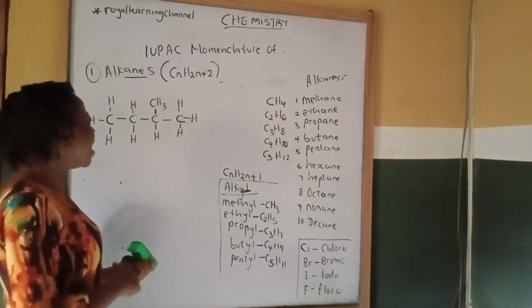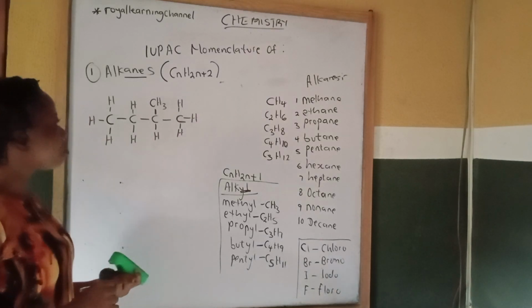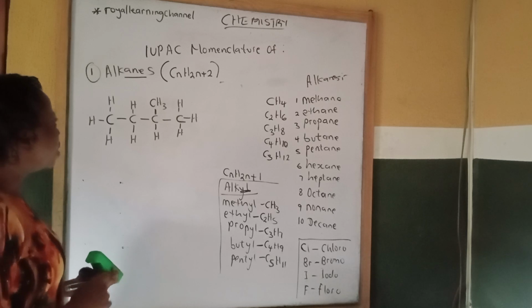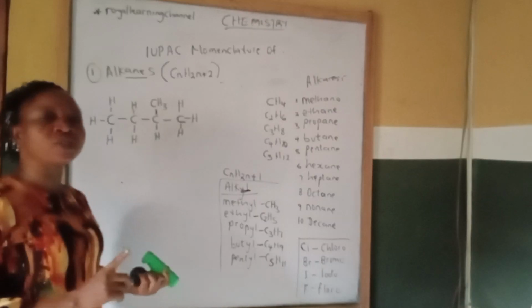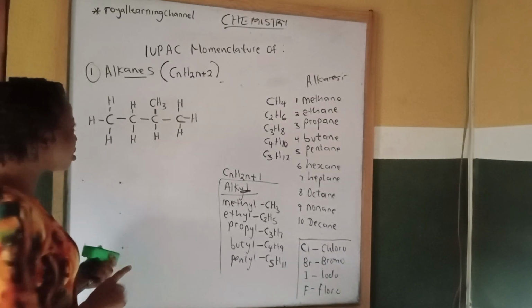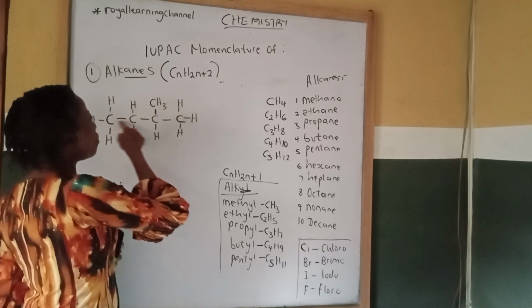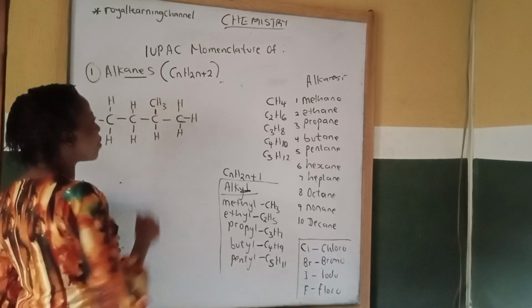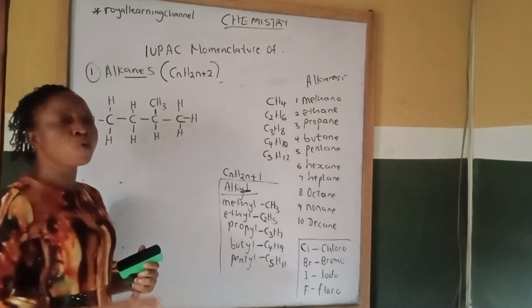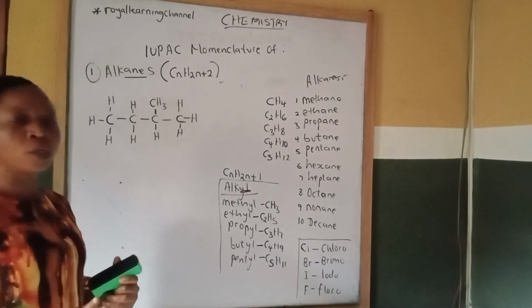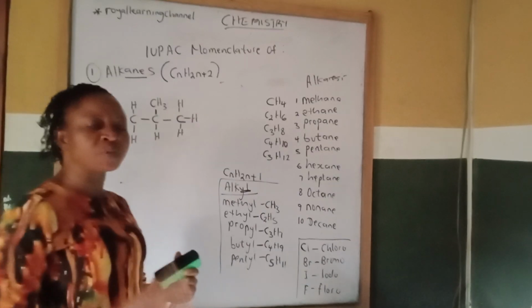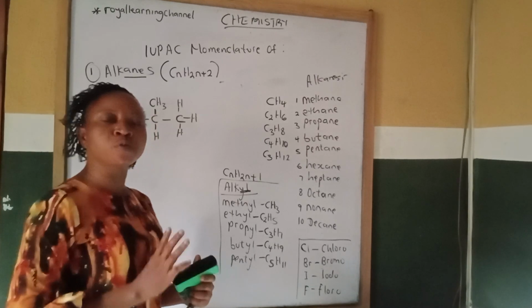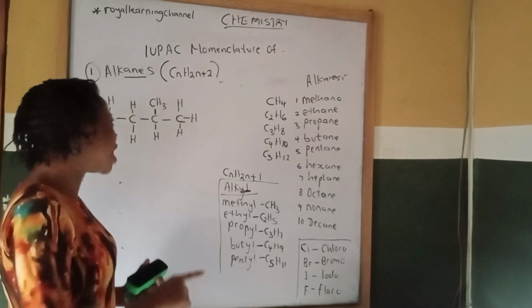After that, the next thing is to name according to the number of carbon atoms it contains. But before we name our root hydrocarbon, we first name our substituent. You name your substituent before your root hydrocarbon.